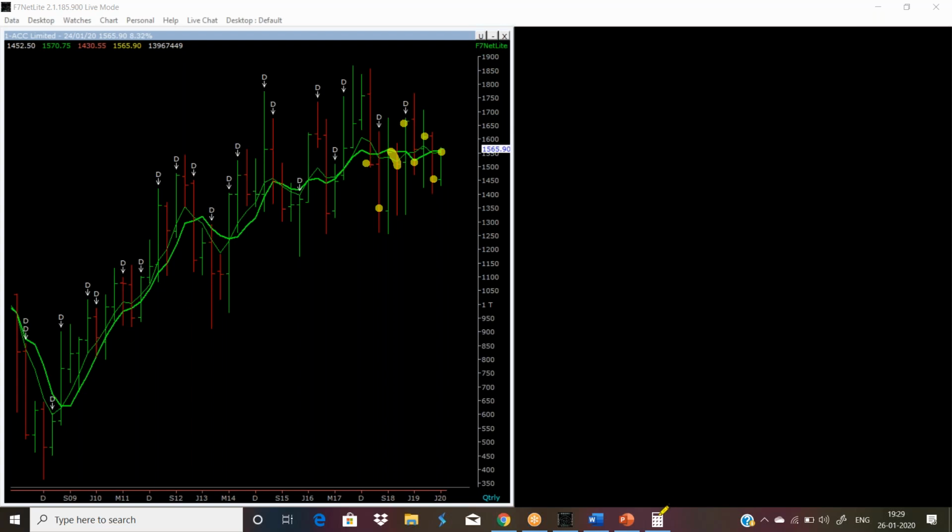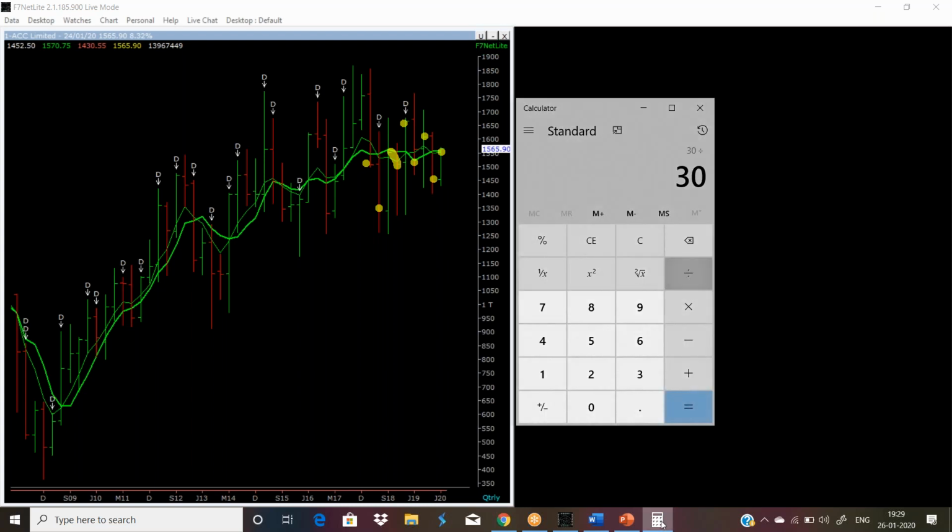In one year there are 4 quarters. So 30 quarters will be 7.5 years. It will go back 7.5 years. It means you are giving equal weightage to all the prices of 7.5 years.